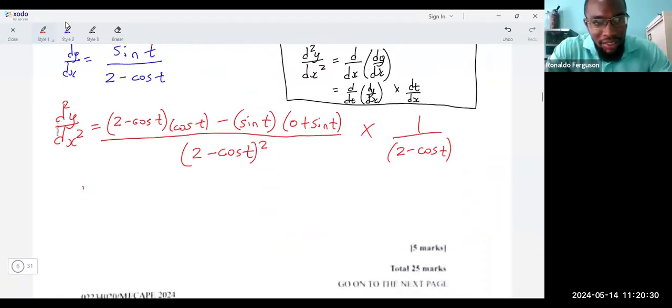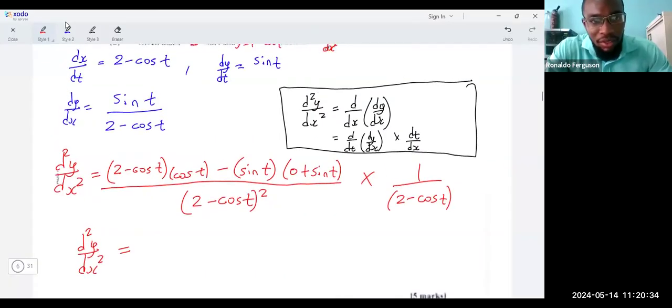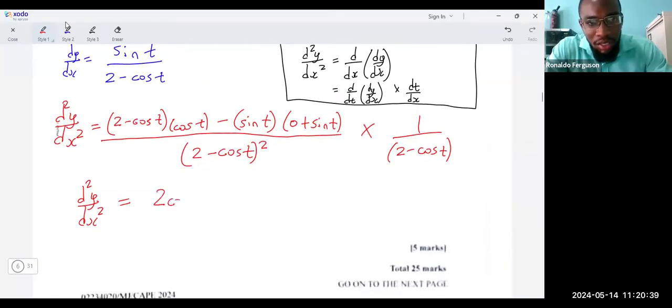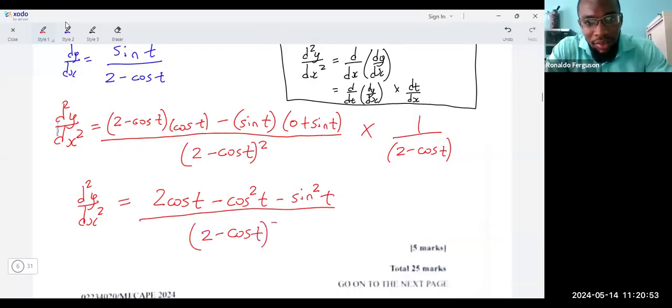So our final answer is d2y by dx squared is equal to, we just need to simplify this. 2 cos t, cos times cos is minus cos squared t, sine times sine is minus sine squared t, over 2 minus cos t all squared.